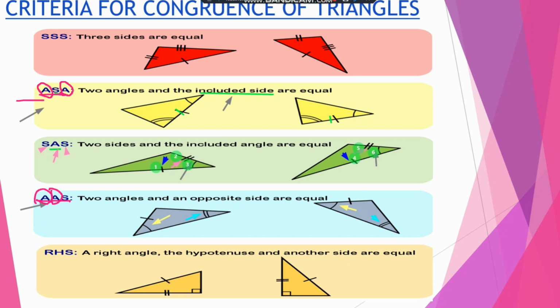So now you can easily see the angles shown in yellow color are equal and the angles shown in light blue color are also equal. So two angles are equal, and then comes the side. Let's start it.